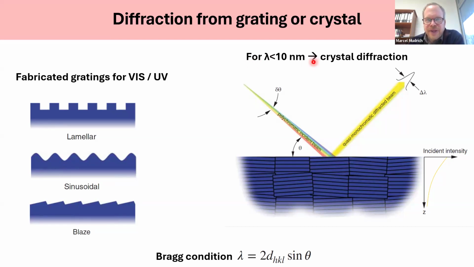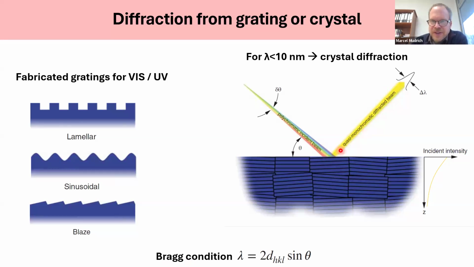That works for wavelengths roughly below 10 nanometers. There we can find suitable crystal materials where, when we irradiate the crystal surface with a polychromatic X-ray beam, we get diffraction, so constructive interference according to Bragg's condition into one specific direction at one specific angle.